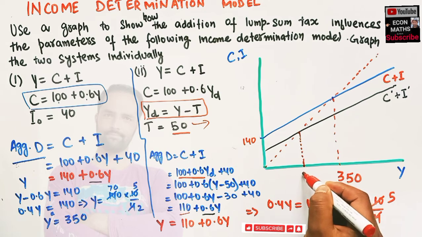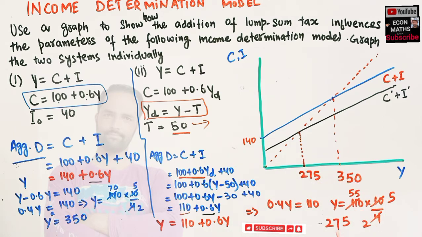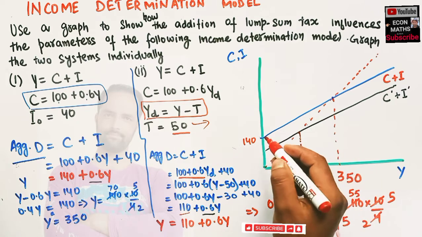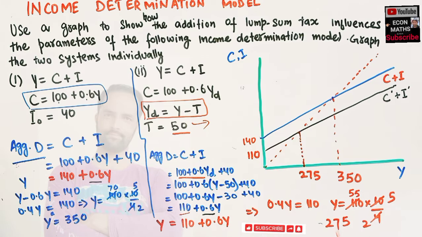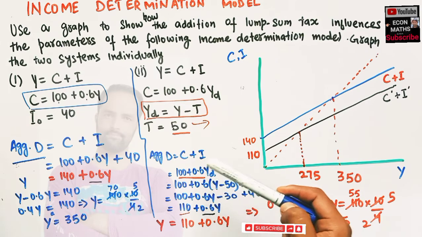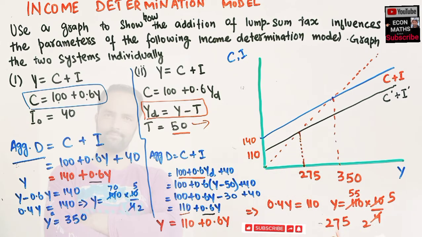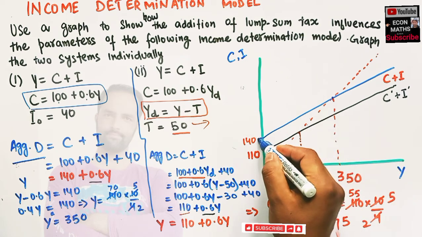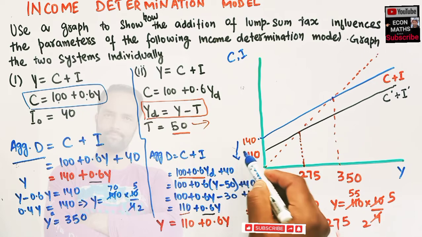So at this point we got 275 as the new equilibrium. Here the intercept is 110. Now what has happened? You can see here that a lump sum tax has a negative effect on the vertical intercept, because originally our intercept was 140, it has decreased to 110.